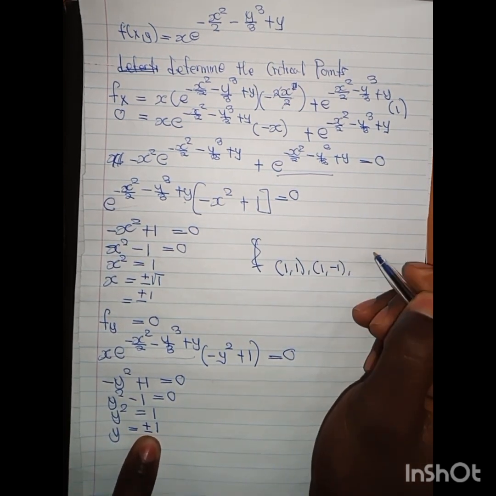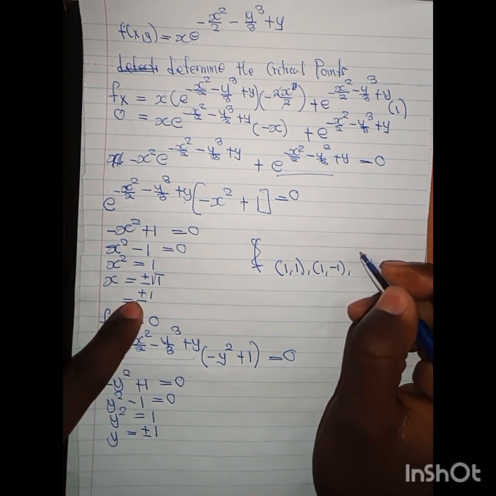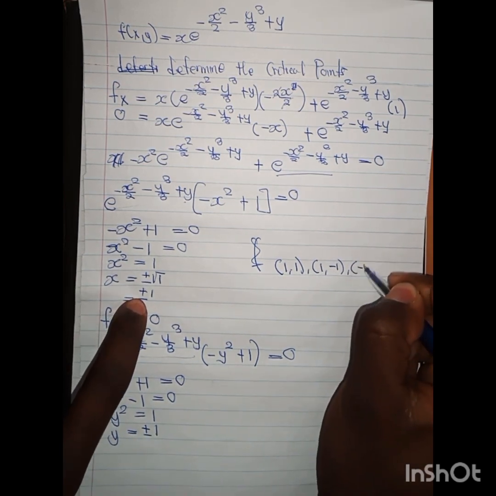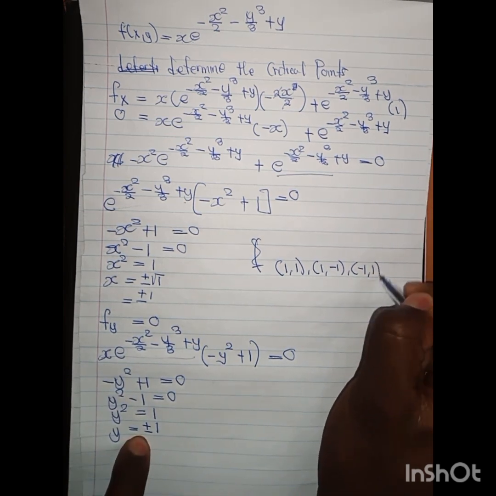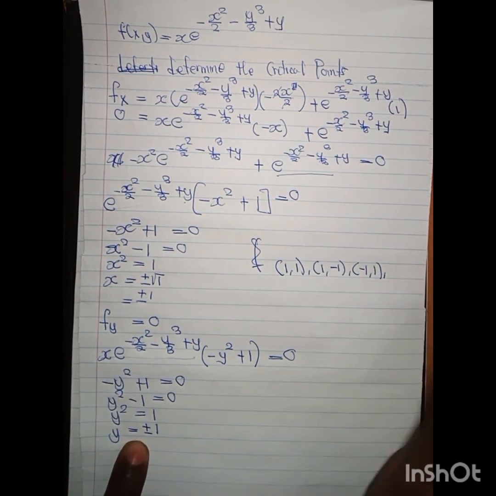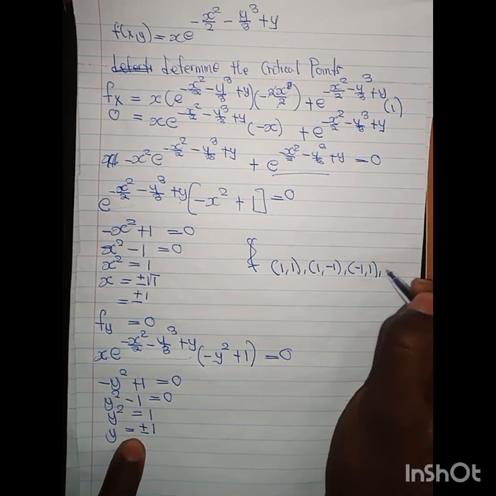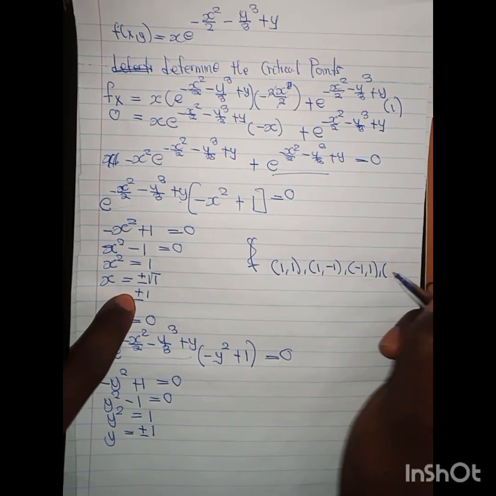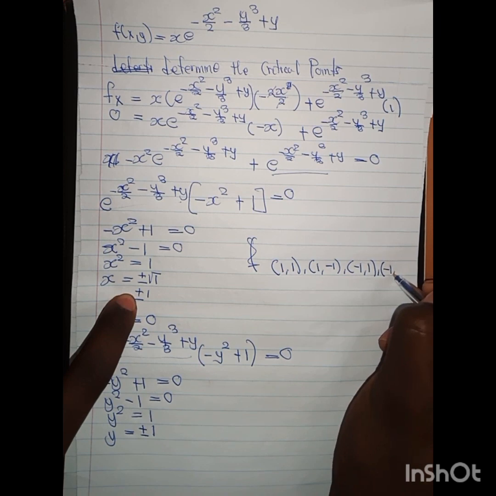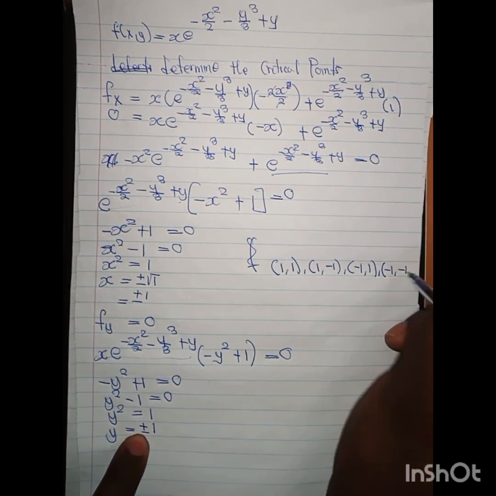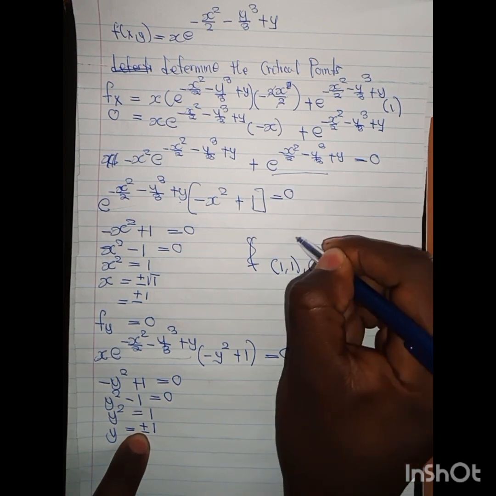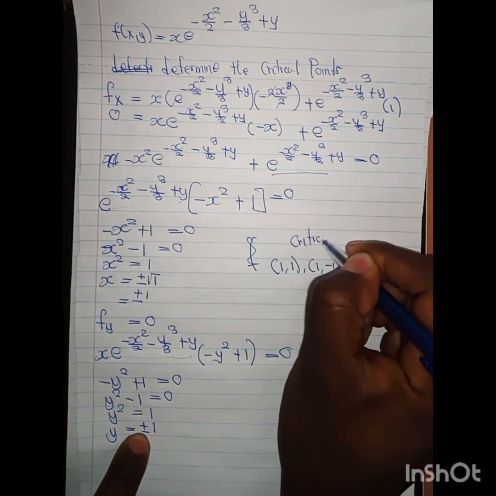This is our second point. We also have the point when x is negative, we can find the value of y as positive. And lastly, we have the point when x is -1, we can find the value of y as -1. So these are our critical points.